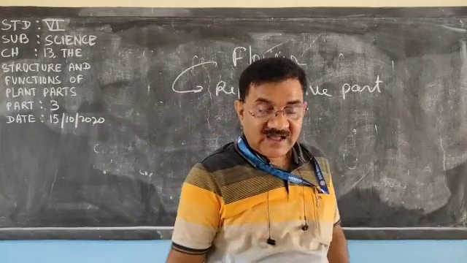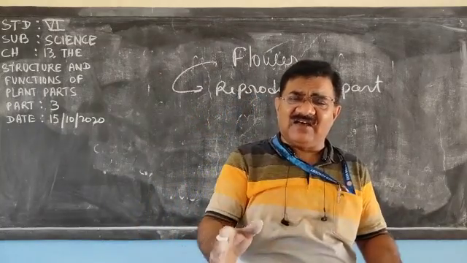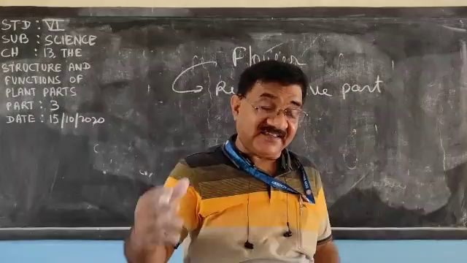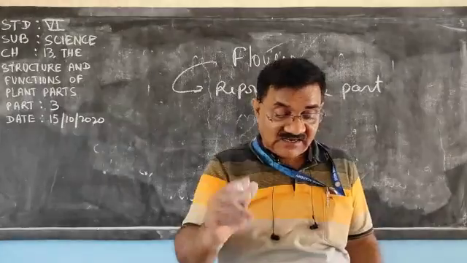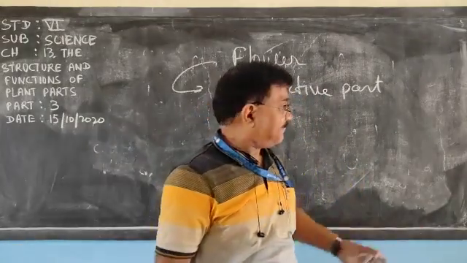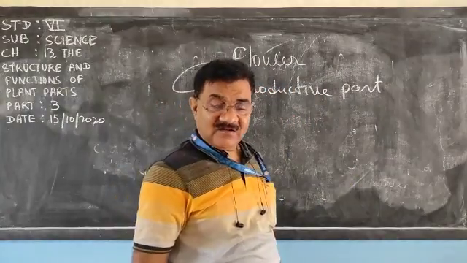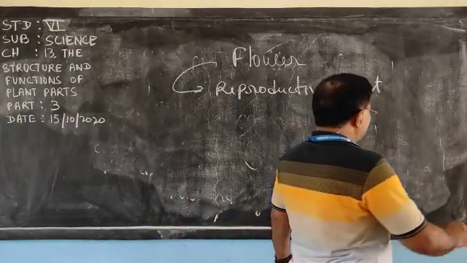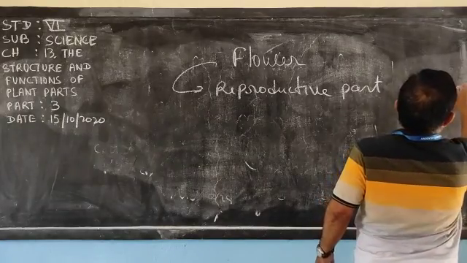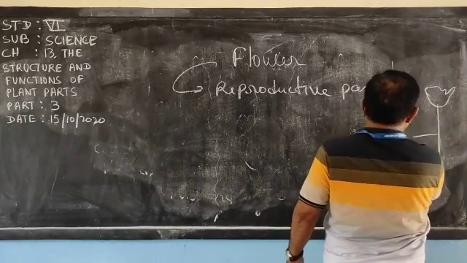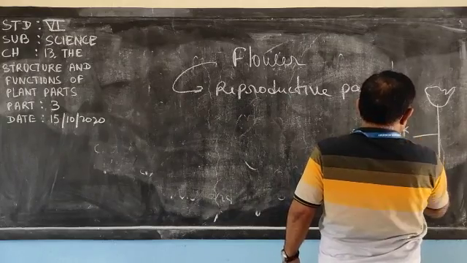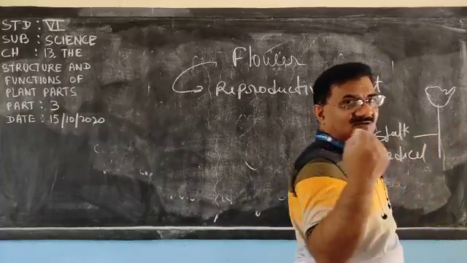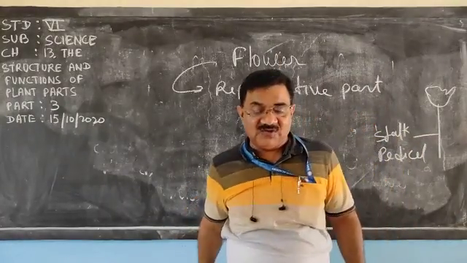And we can differentiate flowers on the basis of their smell. Different flowers have different smell, size, color. What does a flower have? A stalk. Suppose this is a flower, and this is the stalk or pedicel, by which we give flowers to anyone.